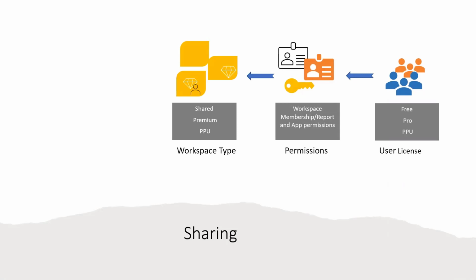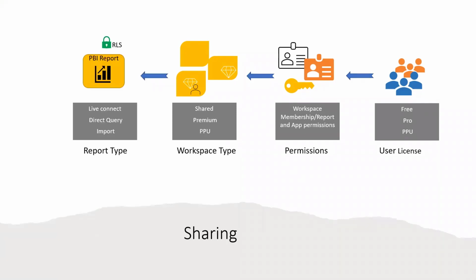Okay. Now, along with that, the type of workspace is important. So there's 3 kinds of workspace. There is the shared, premium, and PPU, premium per user. These are the current workspaces. Now, all of them work together. Now, if a user comes in and passes through all of these, then they will make it to the report. Now, the report itself may stop a user from getting to the data.